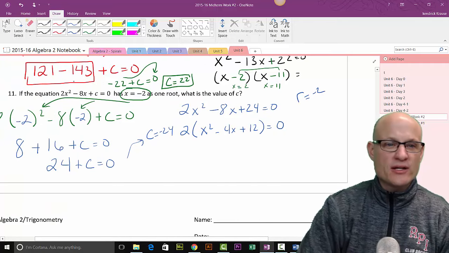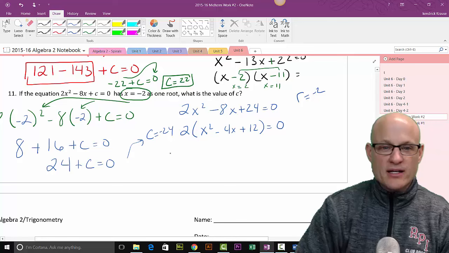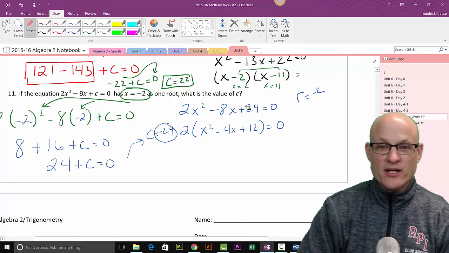Now here, look what I just did. Brain fart. I got negative 24 and I'm checking and I put positive 24 in there. I'm like, why is this not going to work? This should be negative. And this should be negative.